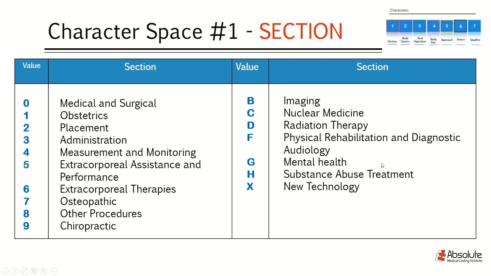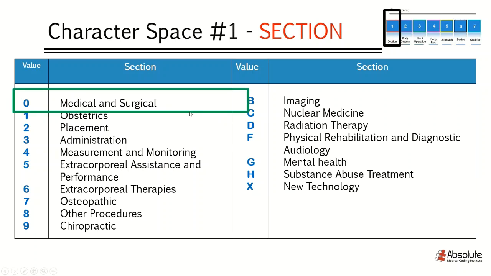We're discussing the PCS code, specifically that first character, section by section. In part 1, we covered the medical and surgical section, and that value is 0.